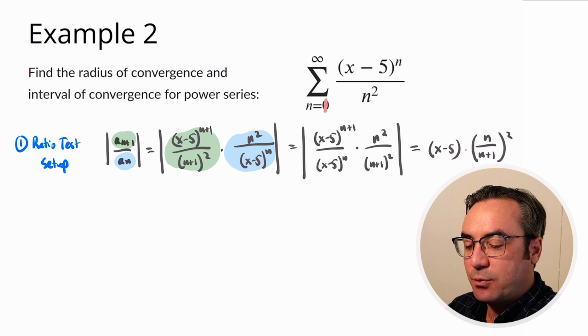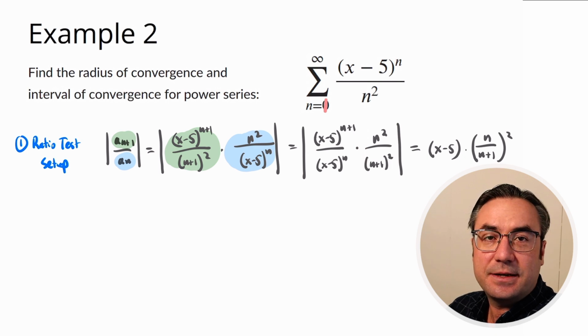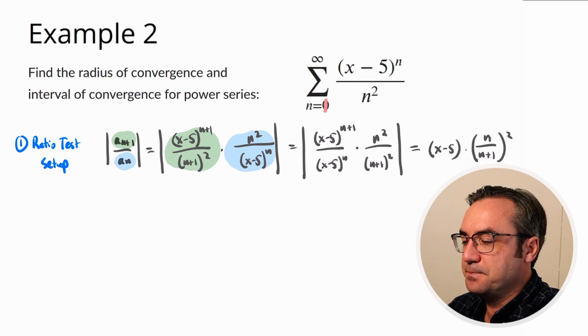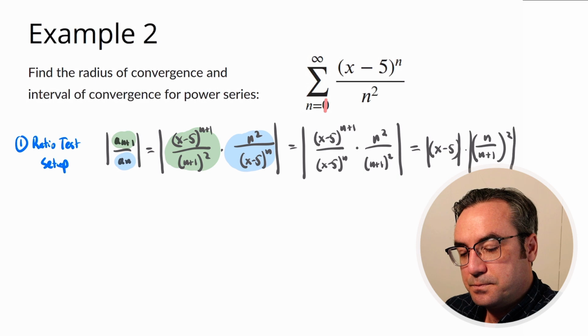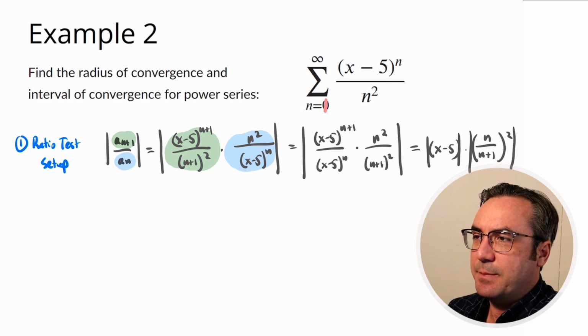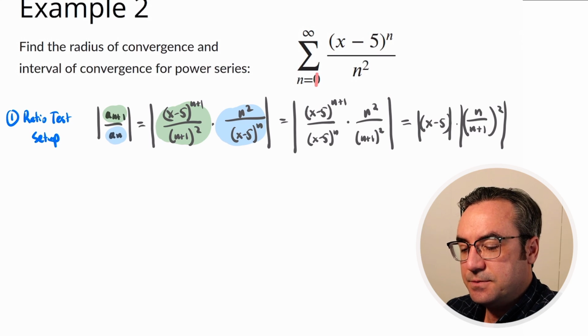So we can break this absolute value sign up and do just the absolute value of our x term, and then just the absolute value of the n squared terms. So we can split up our absolute value there. That's one of the nice things about absolute value.